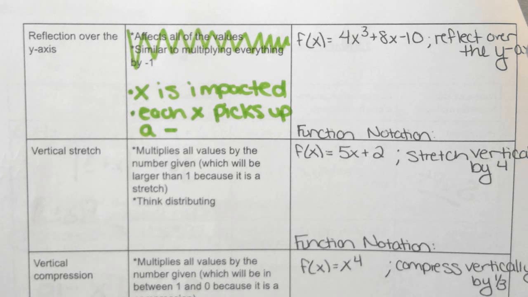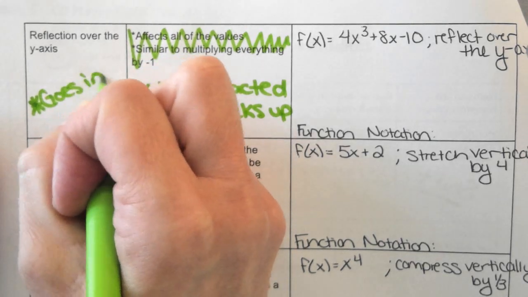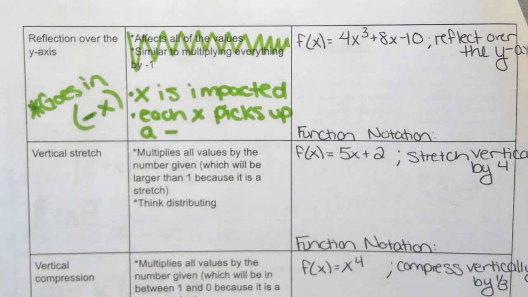Okay, so it goes right in with parentheses. So if there's an x, it goes right in there with the x. So it needs to be grouped in there with the x.